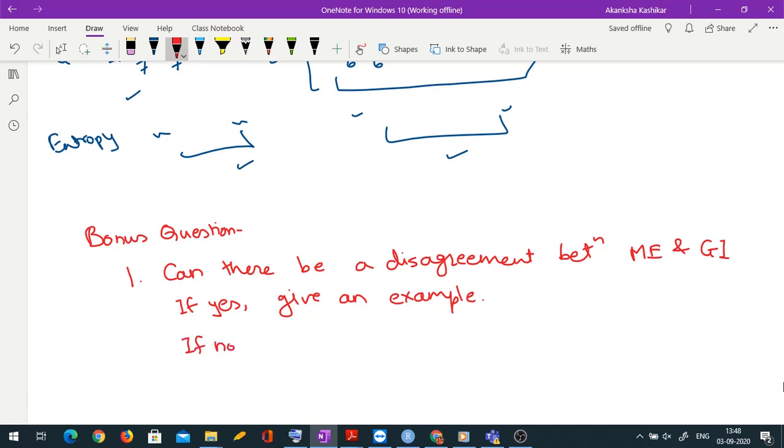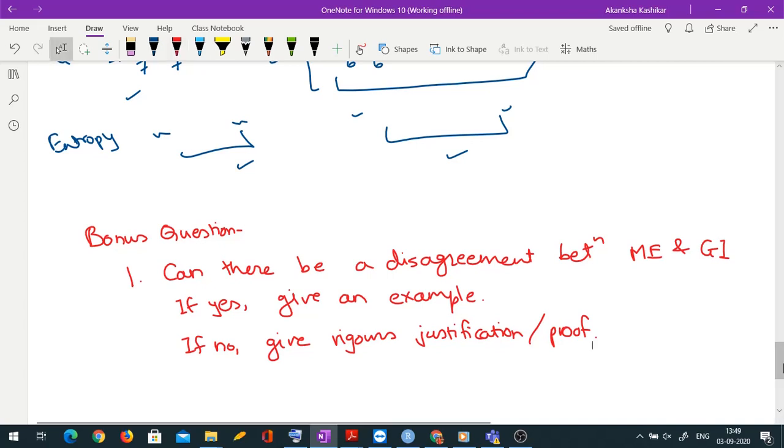If no, give rigorous justification, either a proof or a justification. Oh, I said two-part, actually it's a three-part question. So this is the first part. The second part is exactly the same question but with misclassification error and cross entropy.